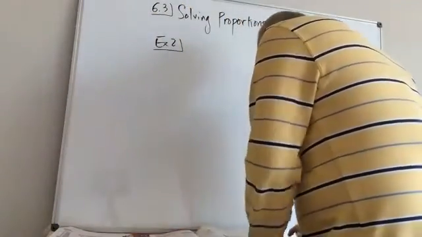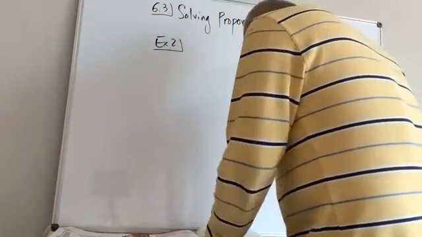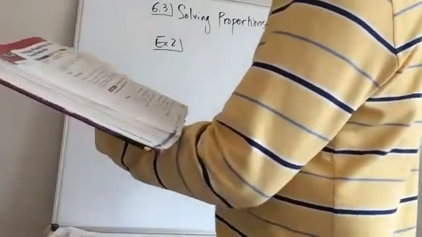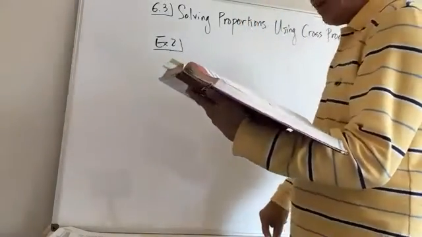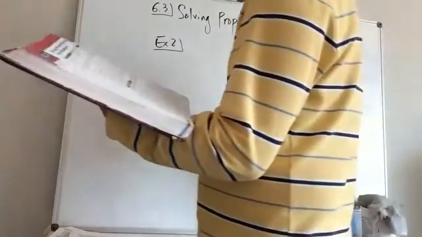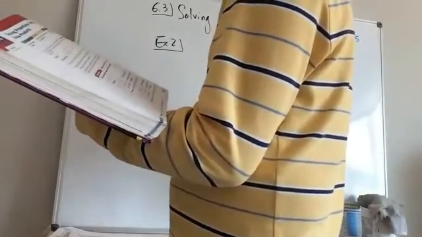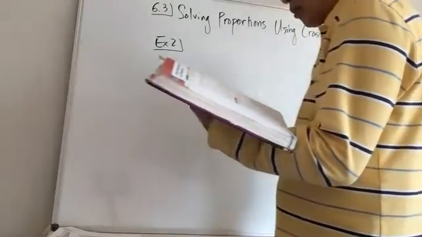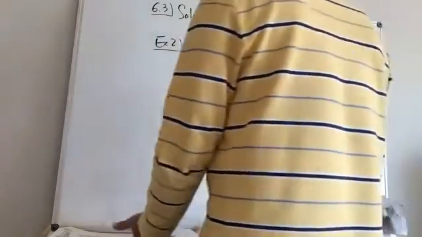Example number 2, we have hair growth. Human hair grows about 0.7 centimeters in 2 weeks. How long does hair take to grow 14 centimeters?